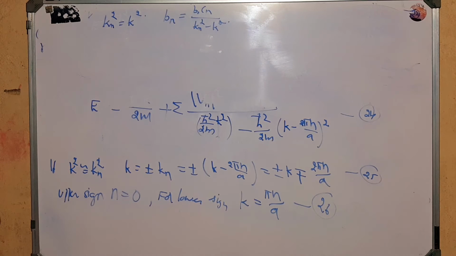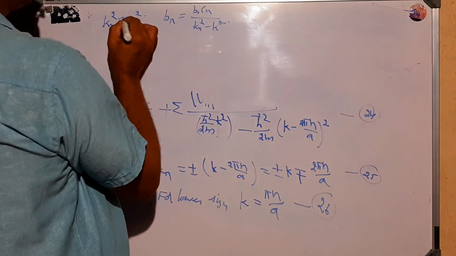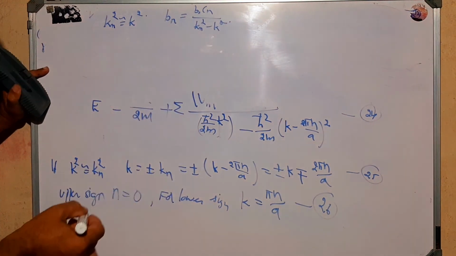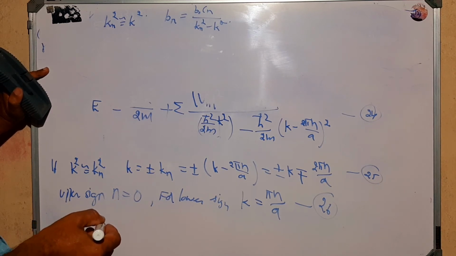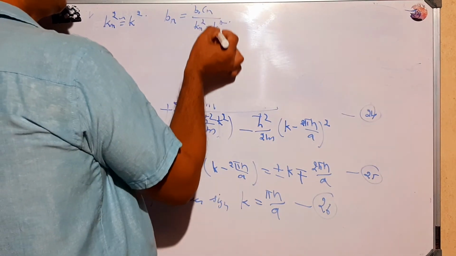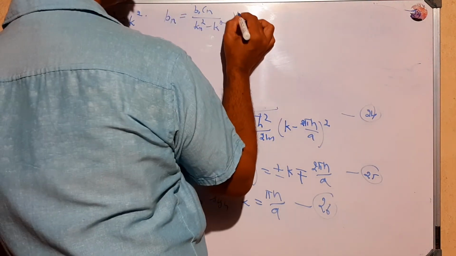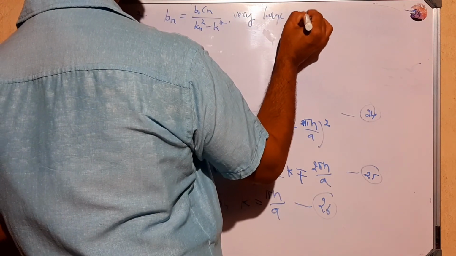This quantity becomes very large. When Kn square is approximately equal to K square, the denominator approaches towards 0. When it approaches towards 0, then Bn becomes a very large quantity.